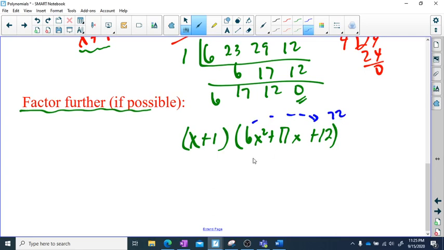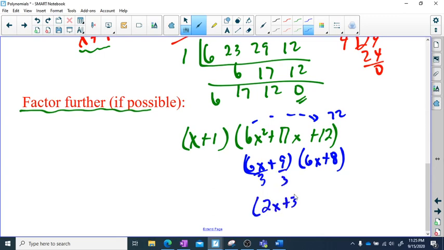Well, there are two numbers, they're 9 and 8. So this does factor. 6x plus 9, 6x plus 8. This one divides by 3 to give me 2x plus 3. And this one divides by 2 to give me 3x plus 4. And this one would just stay there. I'll just rewrite it.